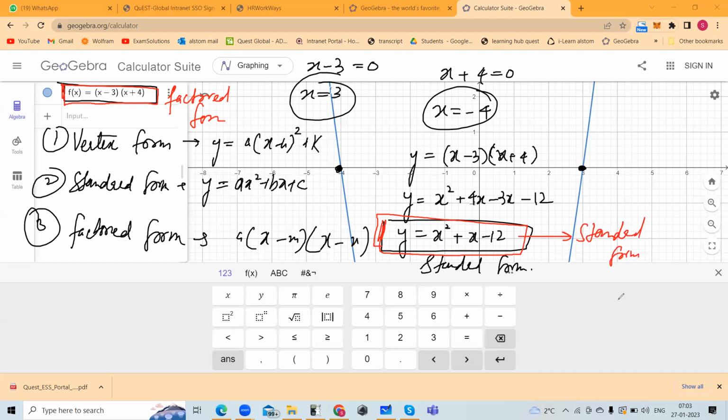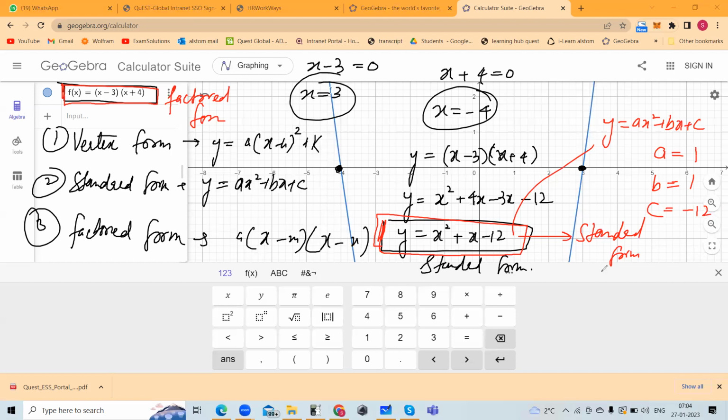Now, if you want to know the vertex, the shortest possible way of getting the x-coordinate of the vertex is using a formula from the standard form. I can show it. See, isn't this y equals ax squared plus bx plus c? How much will a be here? 1, b is 1, and c is -12.